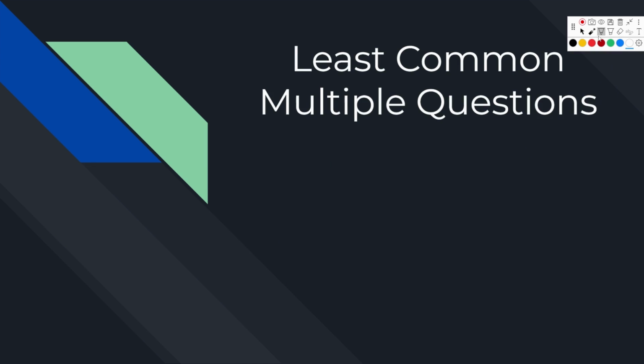Now, to start with these, they will give you some values. Let's say the LCM, least common multiple, of 7, 8, and 14. Now, this calculation can be done in your head.